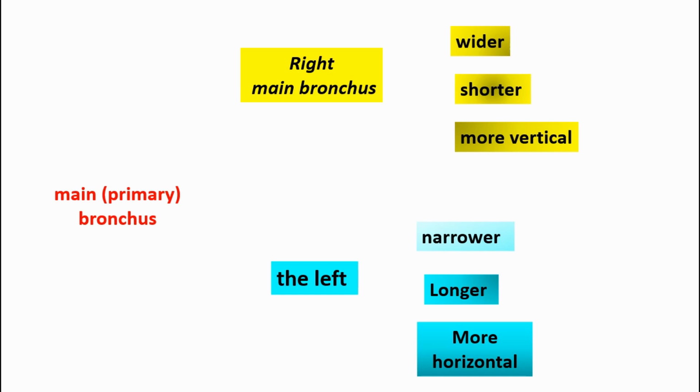Why longer? Because there is the heart in the middle mediastinum, and the heart makes an impression on the left lung called the cardiac notch, and this makes the left lung a little bit further away from the midline. Therefore, it needs a longer main or primary bronchus.